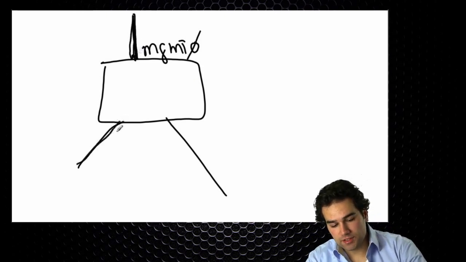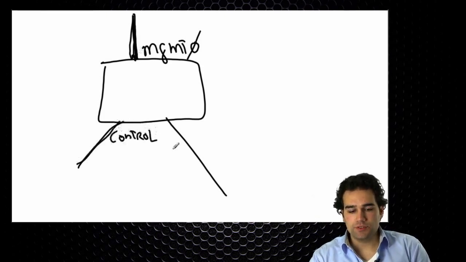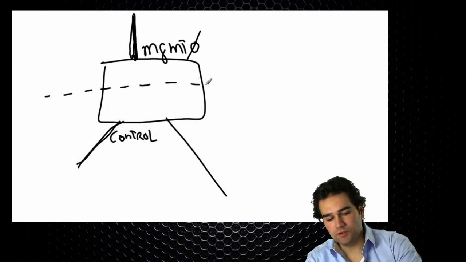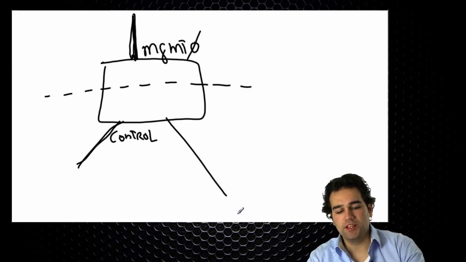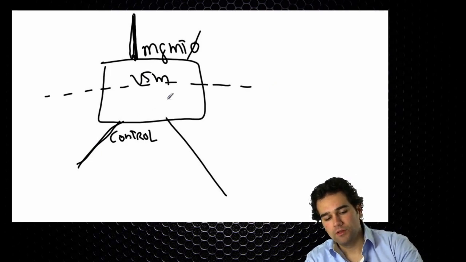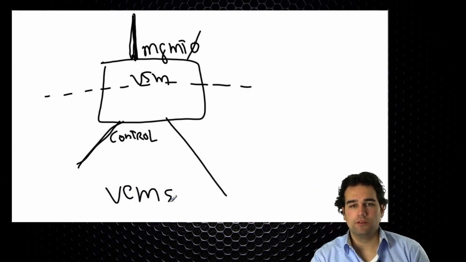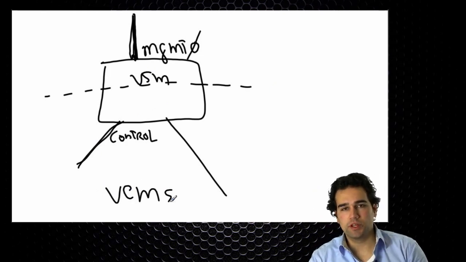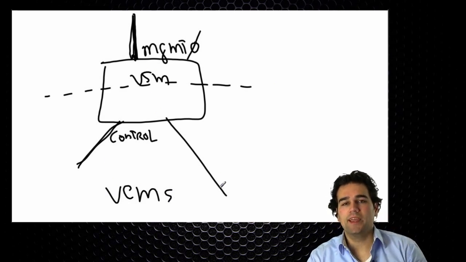The second interface is called the control interface. So this is just the management interface, and the bottom 2 interfaces are used to communicate between the VSM and the VEMs. So the VEMs on the ESX host are down here. Imagine there's a network in between, and we have those 2 interfaces to communicate to the VEMs.